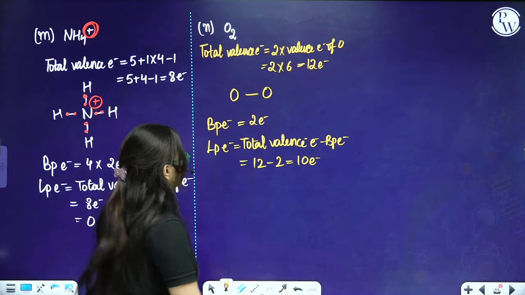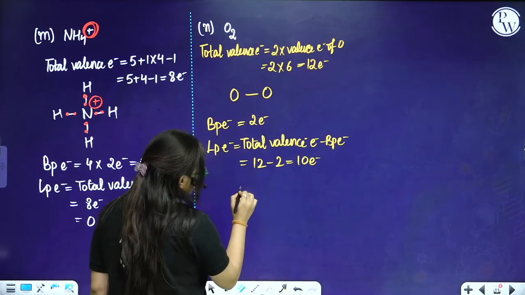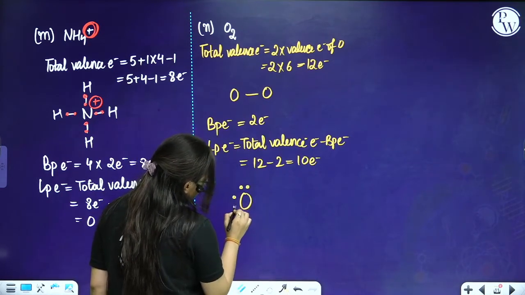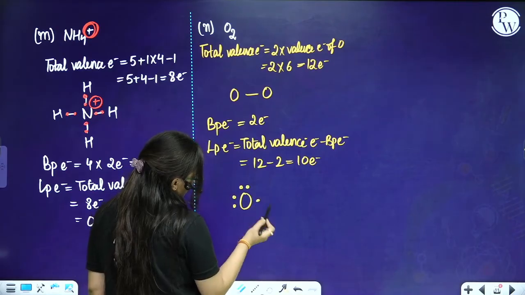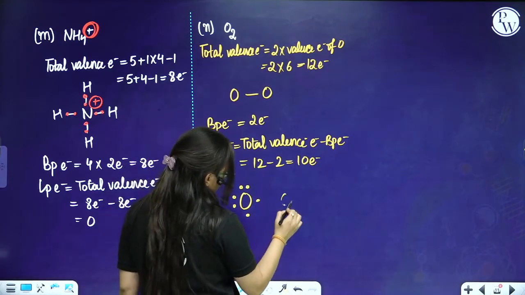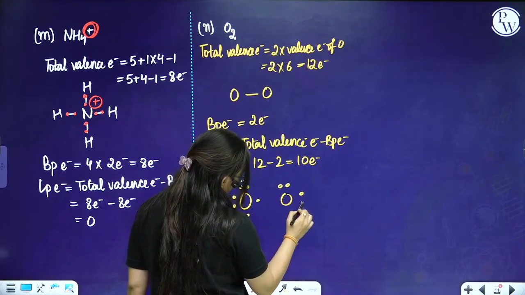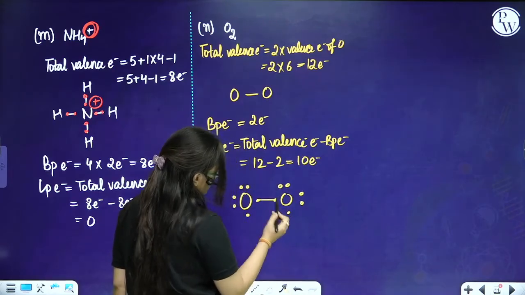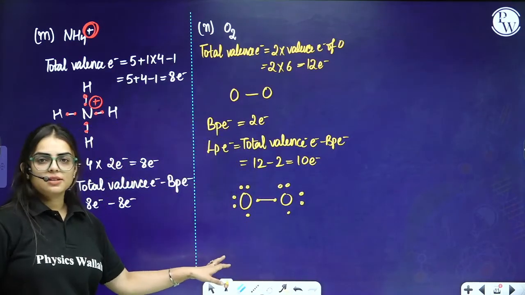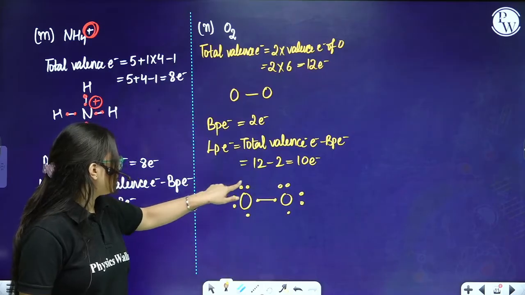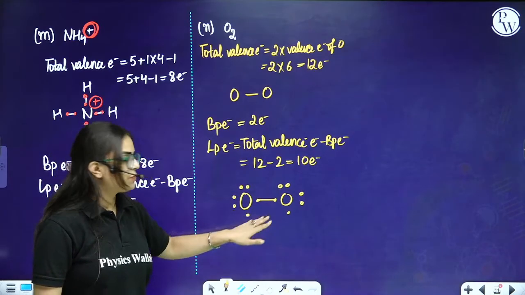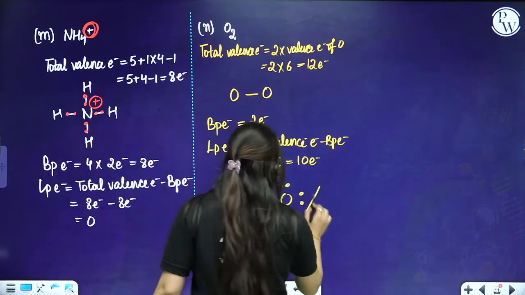Let us represent them. Each oxygen holds 6 electrons, so 1, 2, 3, 4, 5, 6 and again 1, 2, 3, 4, 5, 6. This is the representation. Now see whether the octet is complete or not. 1, 2, 3, 4, 5, 6, 7. No. This is incomplete.